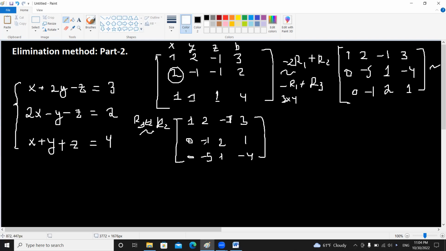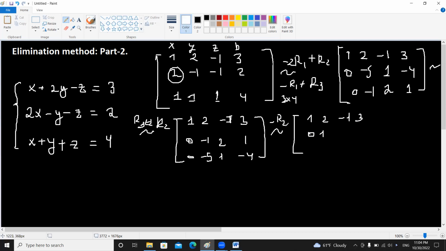So what I do here, I can directly multiply the second row by -1. The way that I do this in detail, I want you to understand how we can use these operations in different situations.